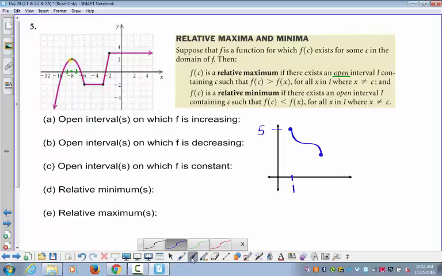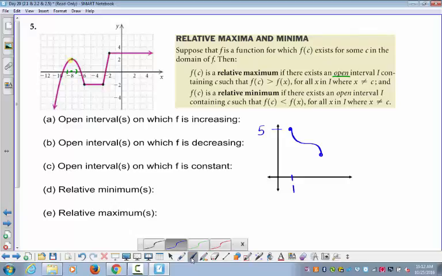Here we would not conclude that there's a relative maximum at 1. We would not conclude that because the definition says the function has to be defined on either side. That's what the definition says. It says there's an open interval I containing c.